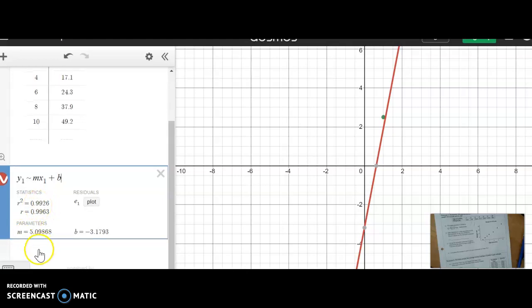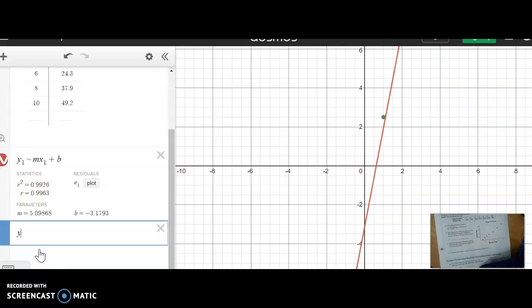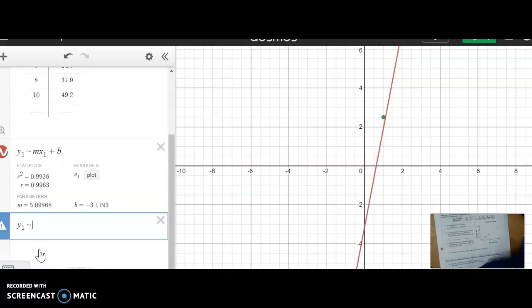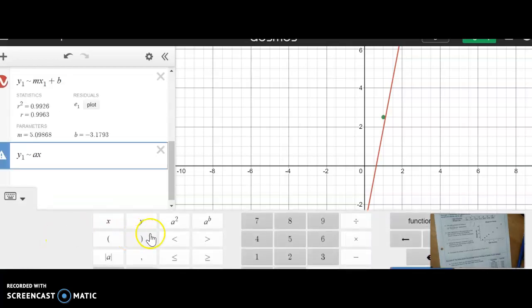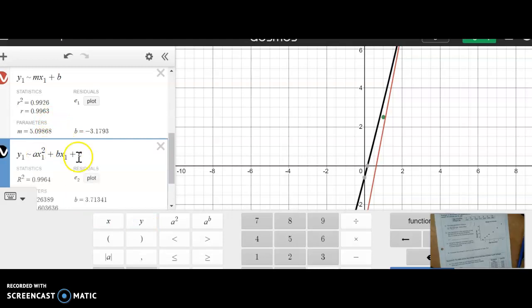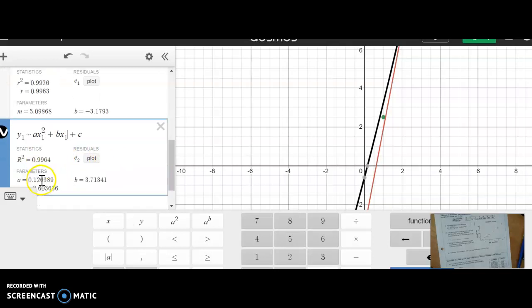Okay. Then I'm going to do the next one. y1 regression ax squared plus bx plus c. And then for every x, I need to come back here and put my x1s. And that's 0.9964. That's way closer.